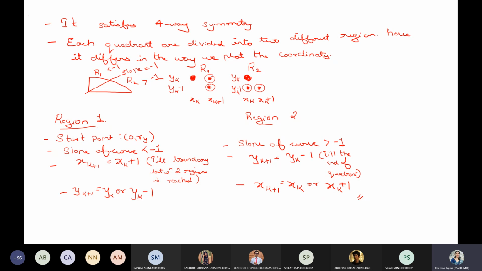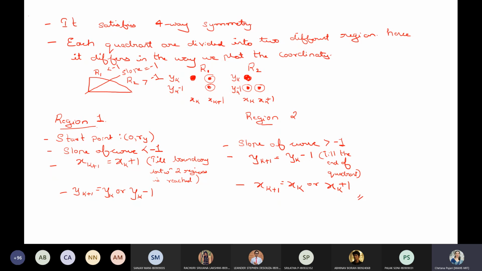So we will be having four-way symmetry here, and we have two different regions with a different slope. Region 1 has a slope less than minus 1 and region 2 has greater than minus 1. In region 1 your x value will be incremented at every iteration till you reach the boundary of region 2, and for your y value you make a decision whether it needs to be decremented or continue with the same value.